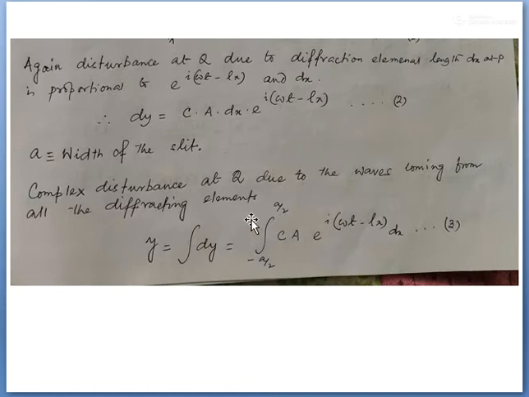Now if you integrate the whole thing, the integration runs on dx only. So e to the power i omega t remains constant at that time. Okay, so C a e to the power i omega t, I bring out of the integration because it represents a constant, and the integration is done only on this x variable.